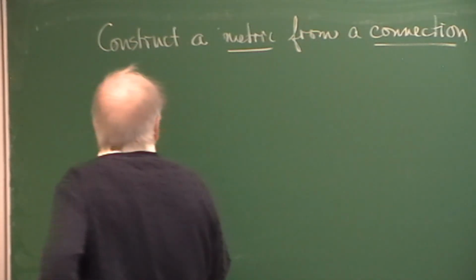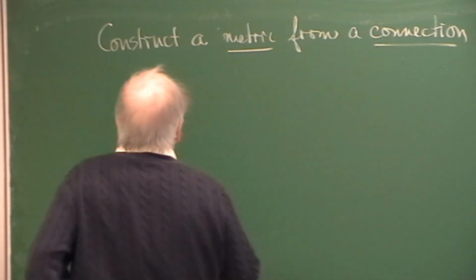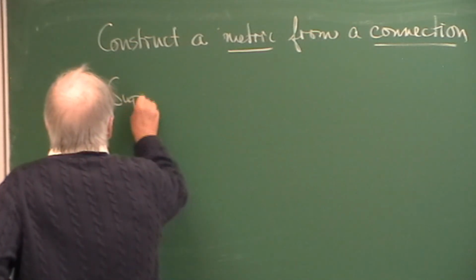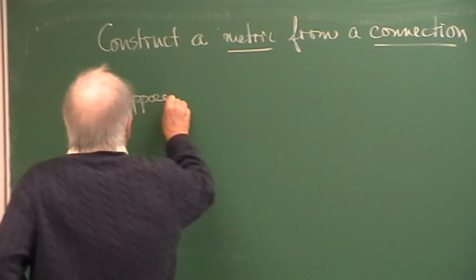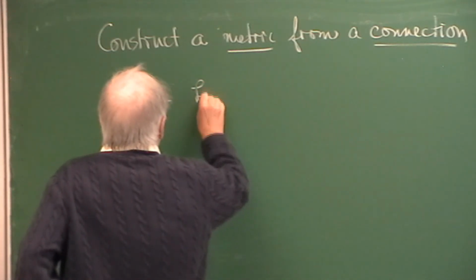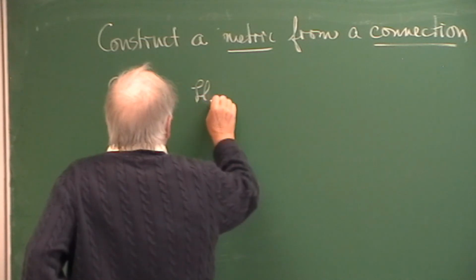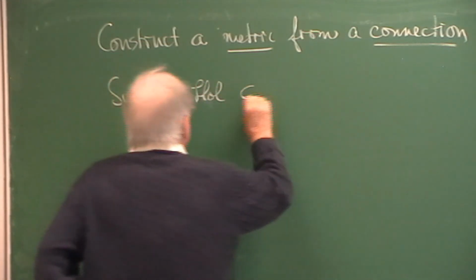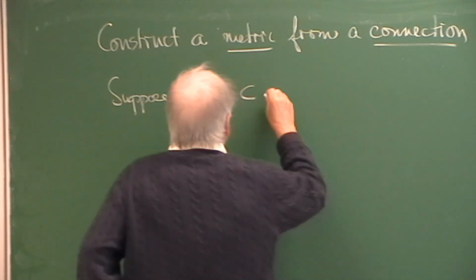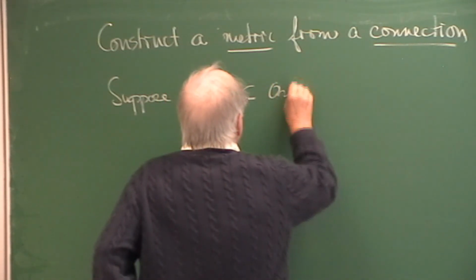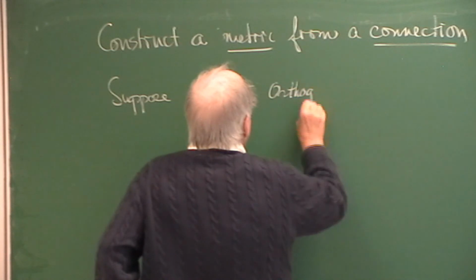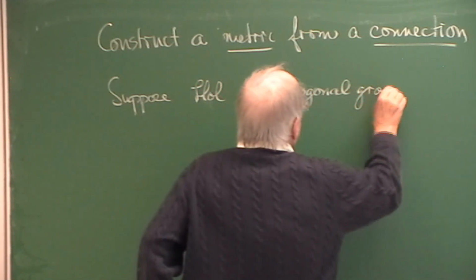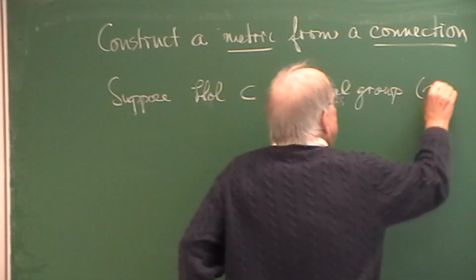So this is the following. Suppose the holonomy group, I don't care whether we're in the universal cover or not, is contained in an orthogonal group, mixed signature or not.